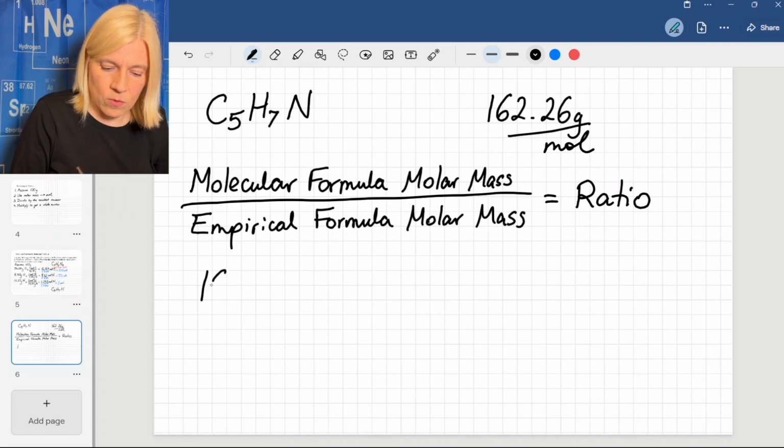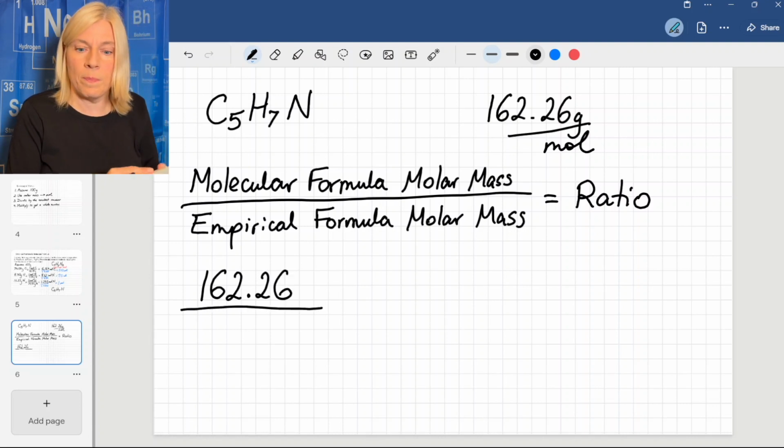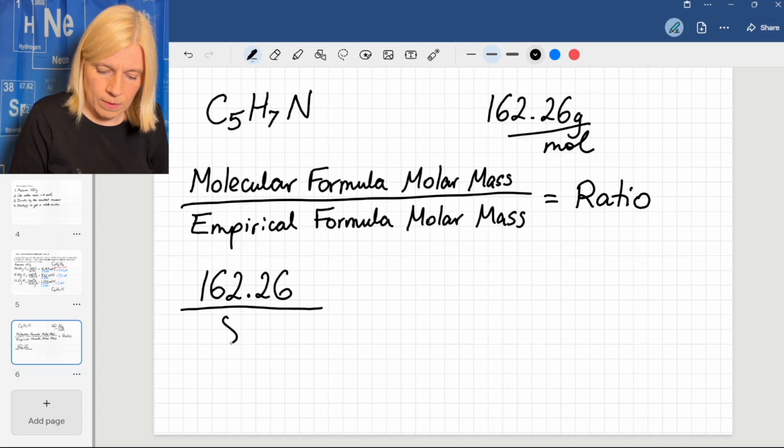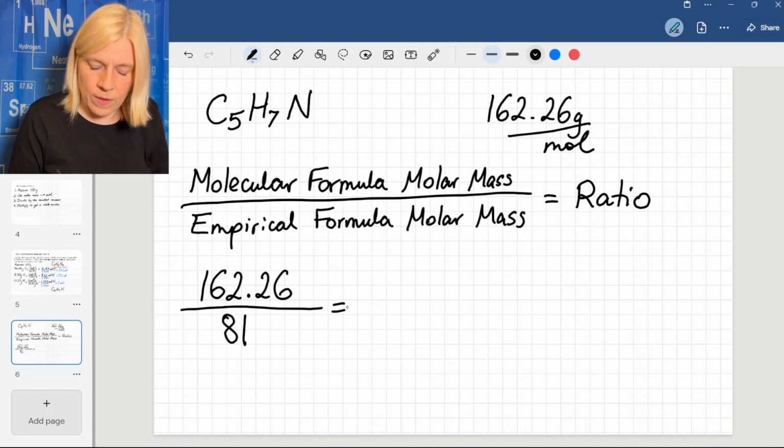So let's do this here. We have 162.26, and we're going to quickly figure out our empirical formula molar mass. Carbon is 12, so 5 times 12 plus 7 times 1 plus nitrogen is 14. Oh, 81. If we divide this, we get a nice number, 2.